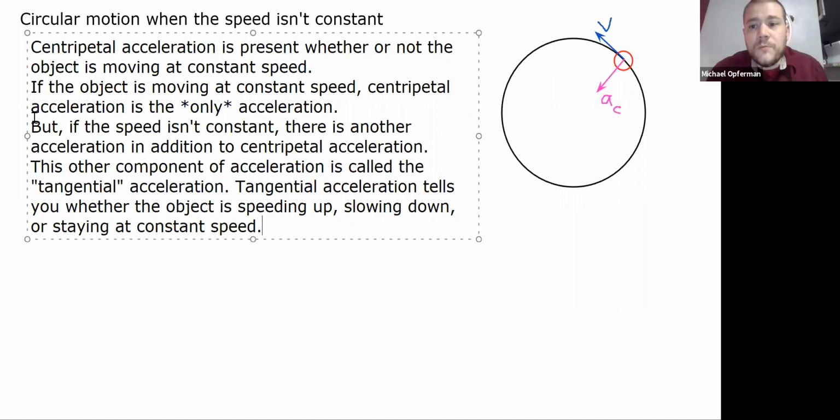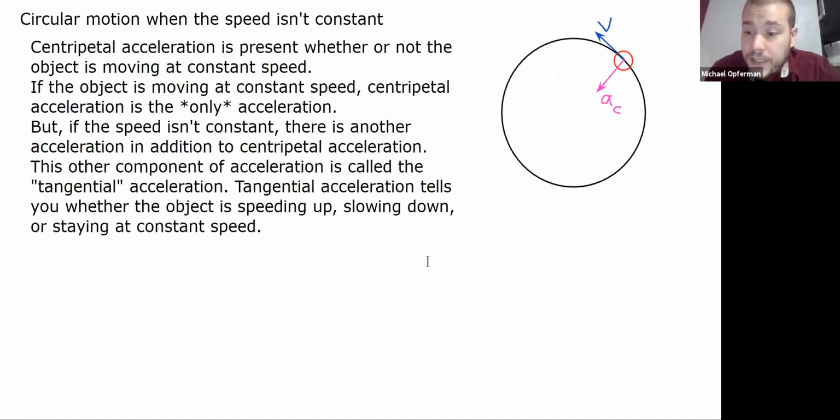Okay, so what is the direction of the tangential acceleration? This you can probably guess if you really mastered the content from the translational motion section of the course.